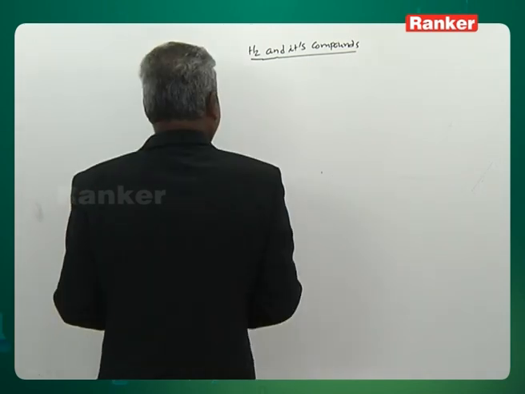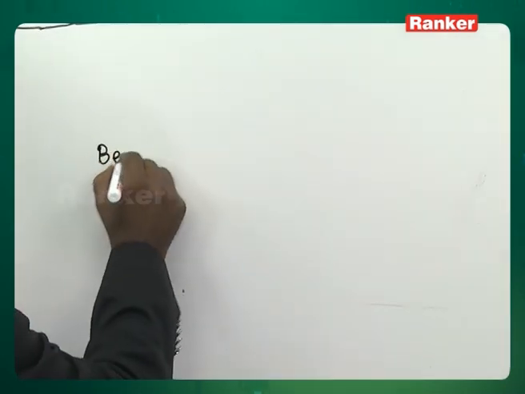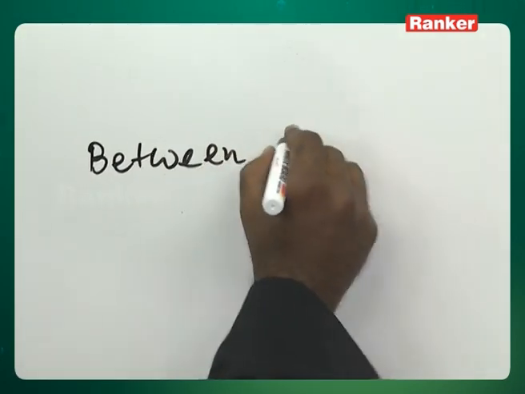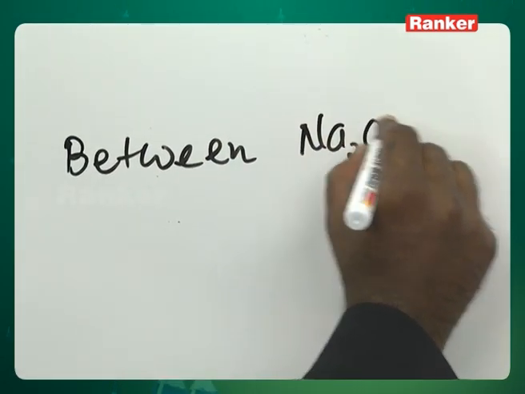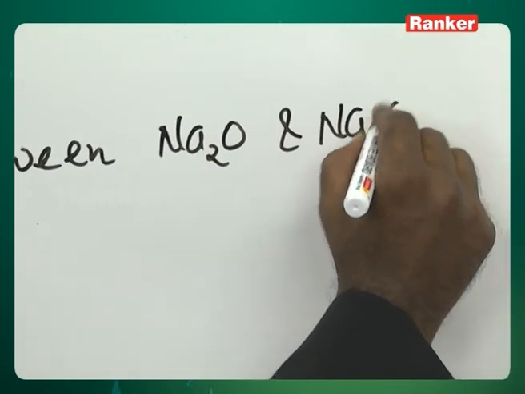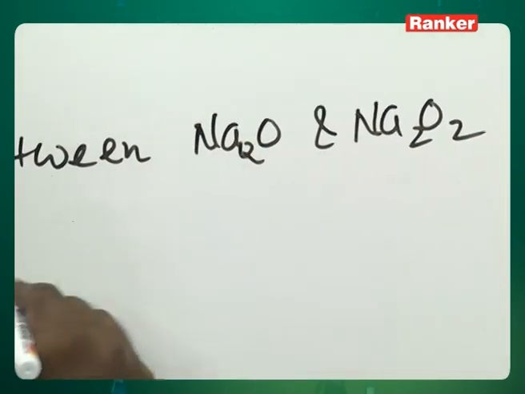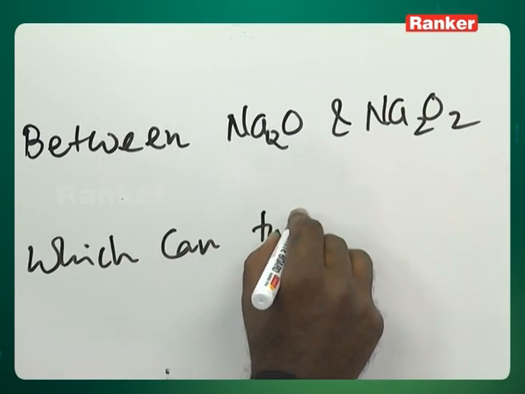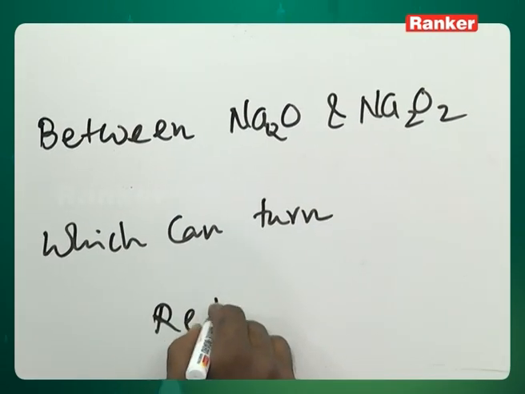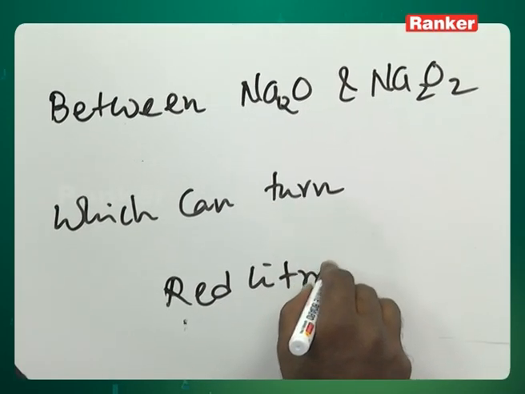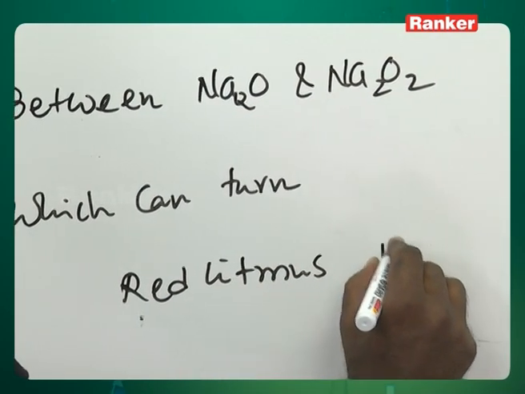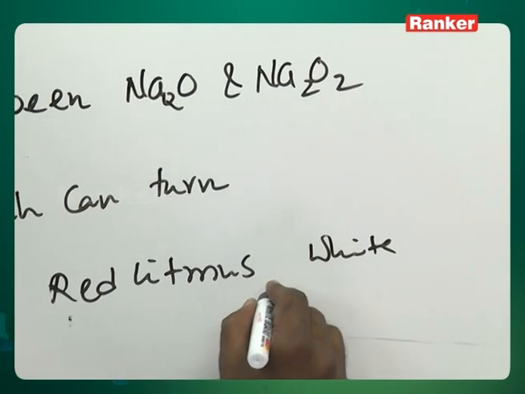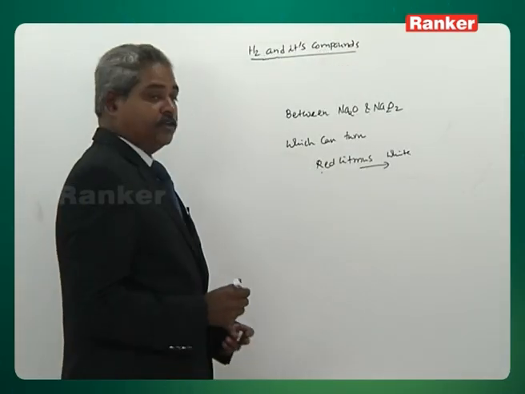Now, this is a previous IIT question: between Na2O and Na2O2, which can turn red litmus white? Red to white, this is a peculiar reaction.